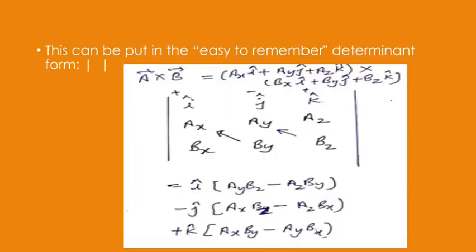To do it by this method, you make a determinant matrix like this, and write i cap, j cap, k cap in the first row at the top. Below this, you write the components of the A vector, ax, ay, az, and then the components of the B vector, that is bx, by, bz.